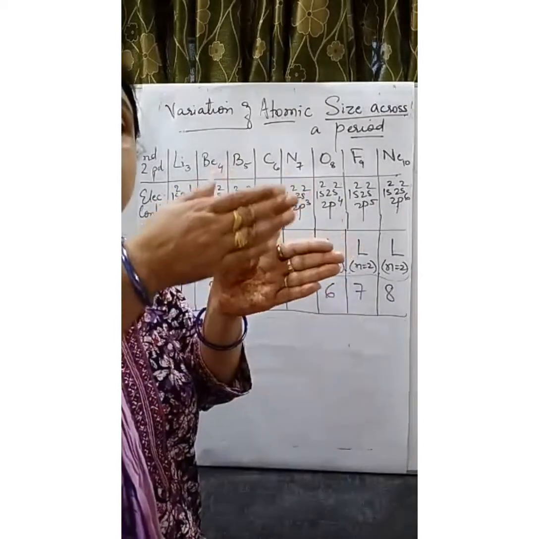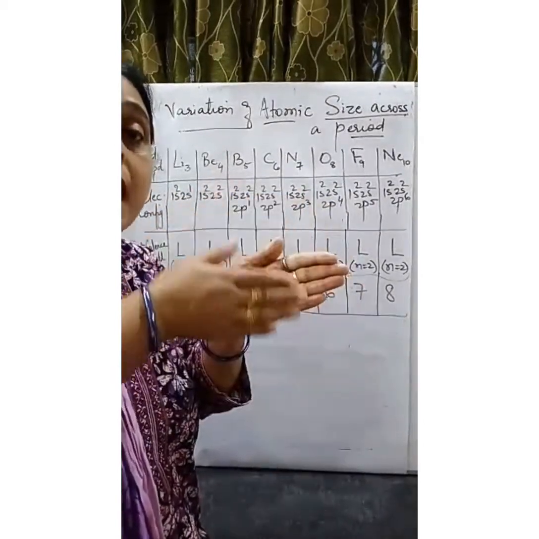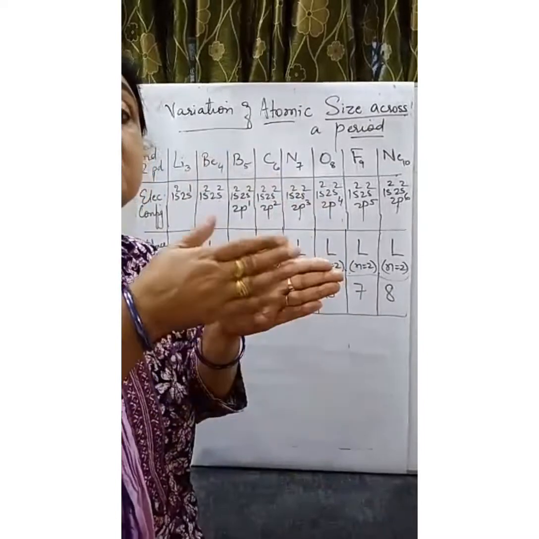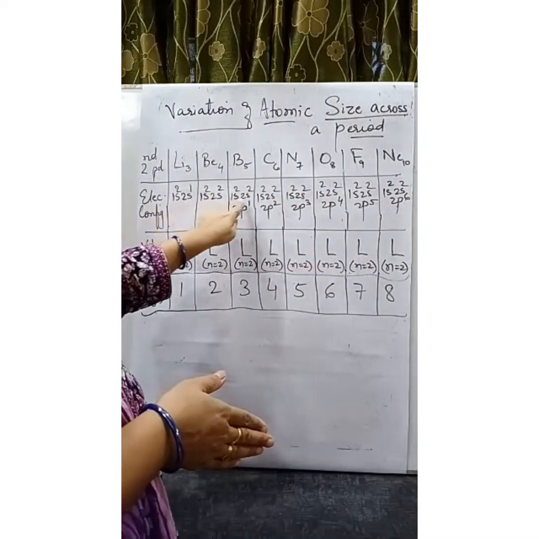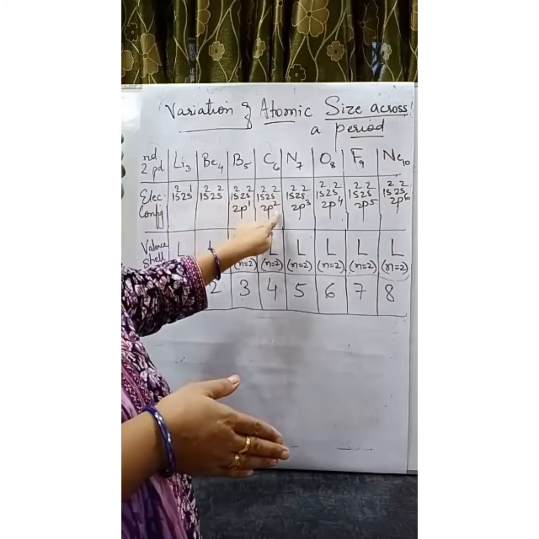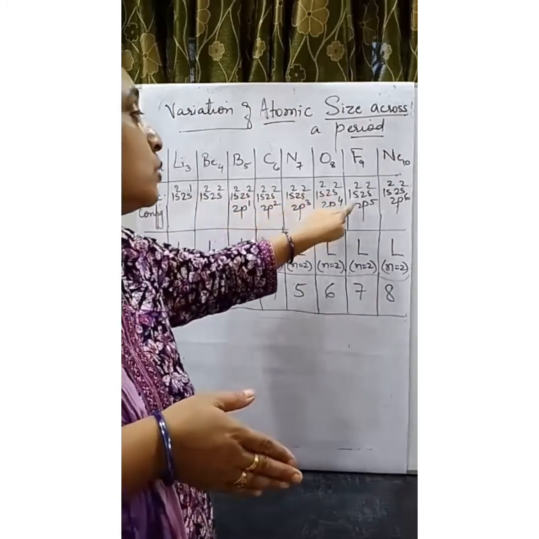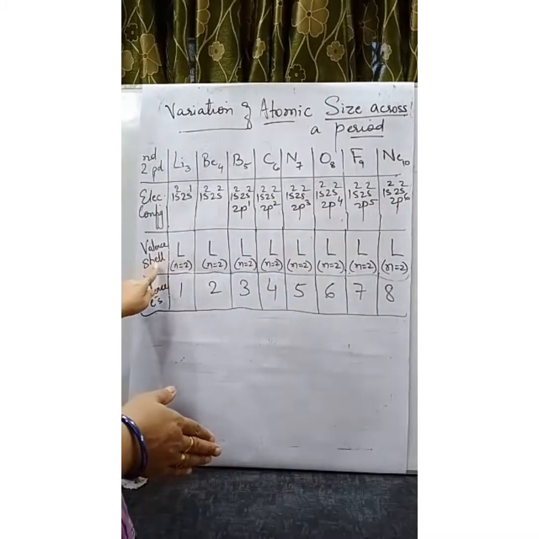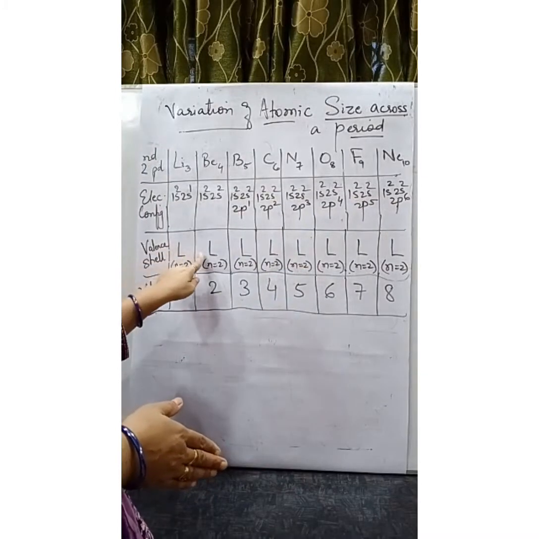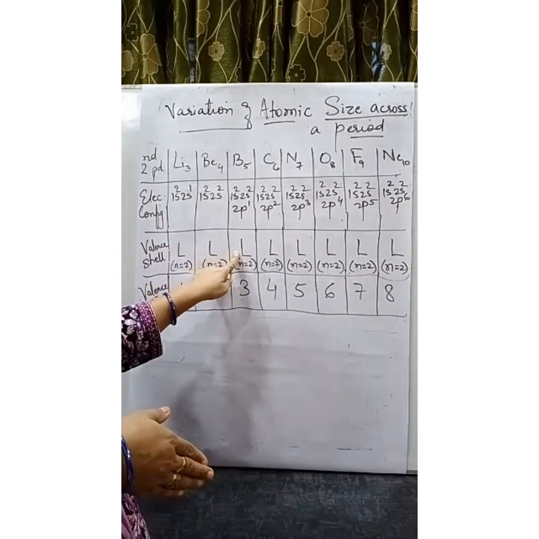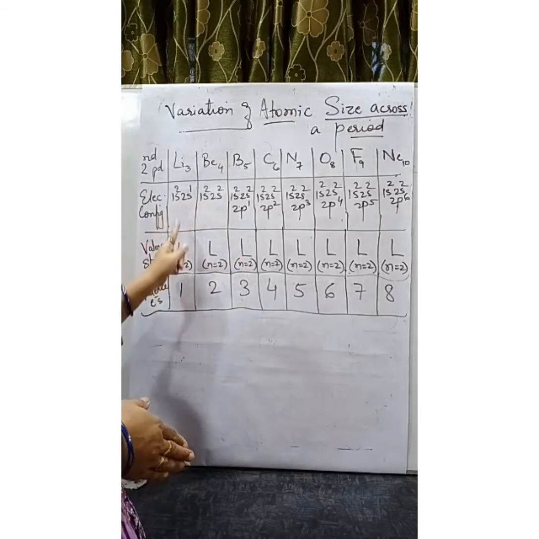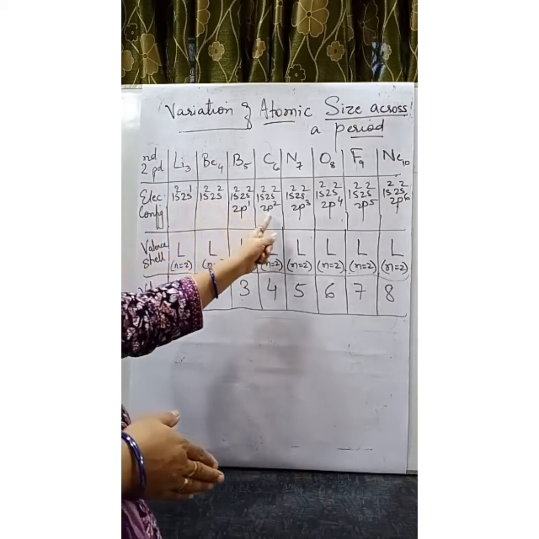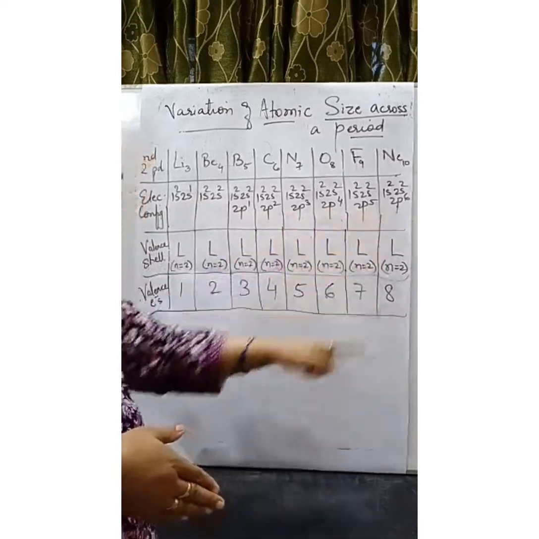But every time the electrons are being added into the same shell. You can notice here we have principal quantum number 2 as our shell. N is equal to 2, and the valence shell here is L according to Bohr's model, right? K is N is equal to 1. But here every time the electron is getting occupied in N is equal to 2.